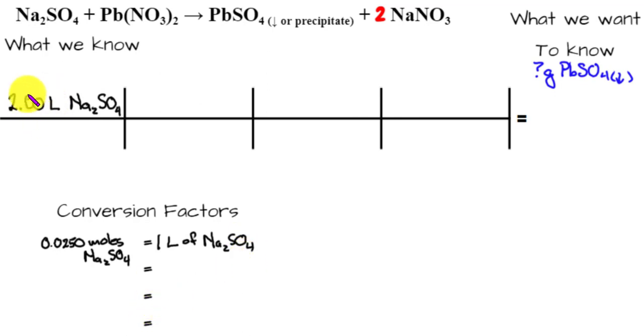Okay, I am in liters, so that means that I can use this conversion factor immediately, which is great. So I'm going to put 1 liter of Na2SO4 in the denominator and 0.0250 moles of Na2SO4.